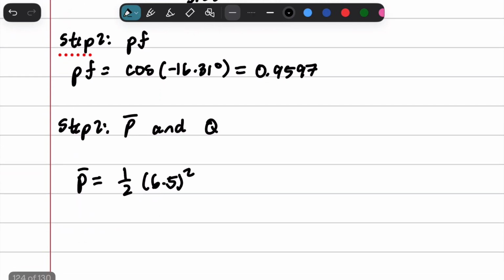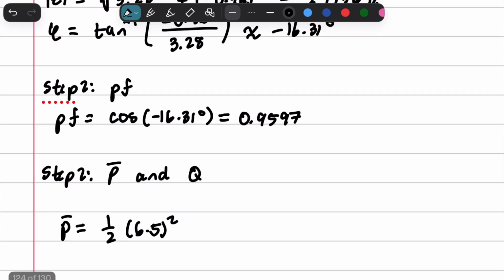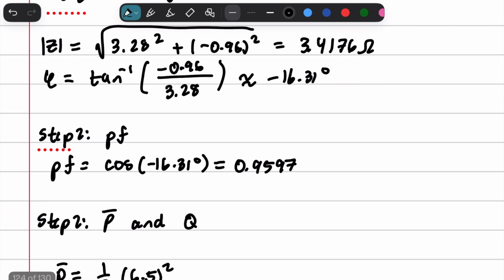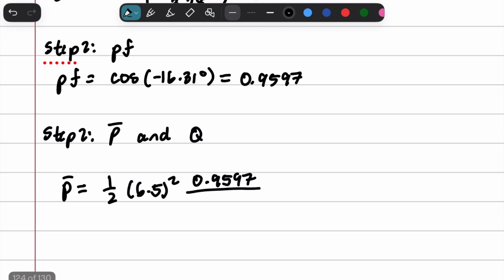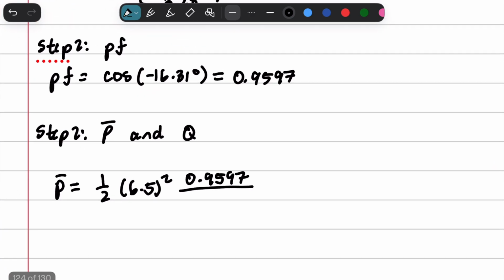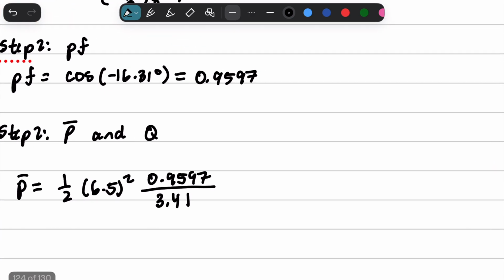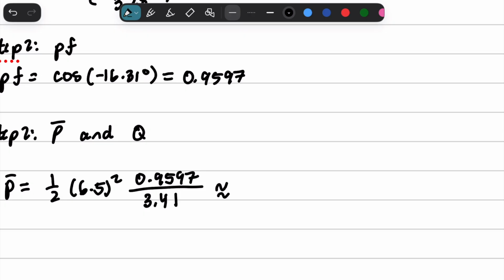And we're going to multiply that by the power factor, and we're going to divide that by the total impedance, which is 3.41. And we're going to get 5.93 watts.